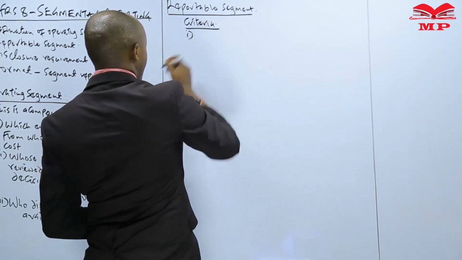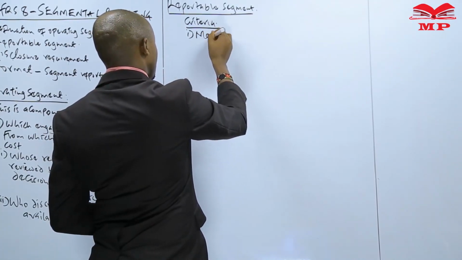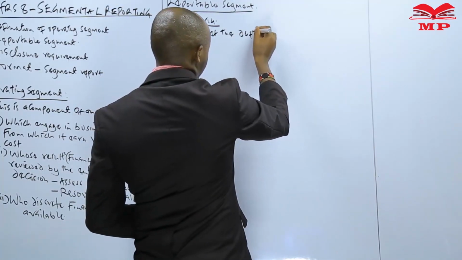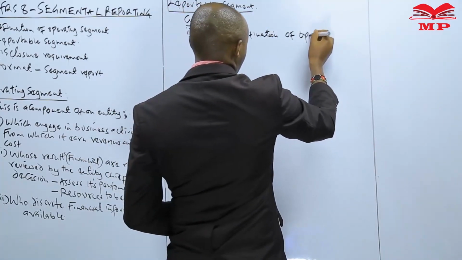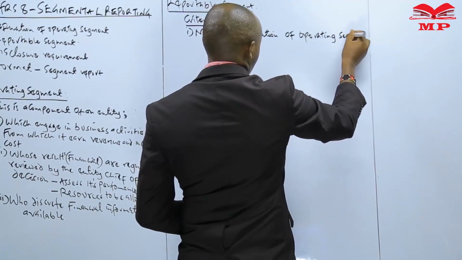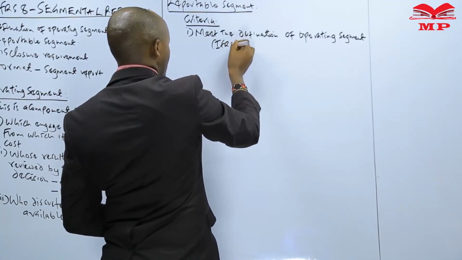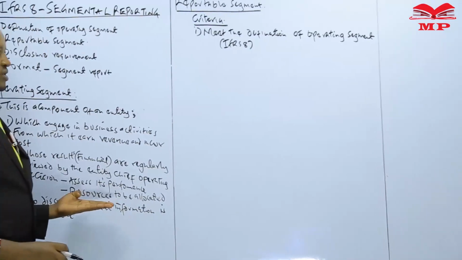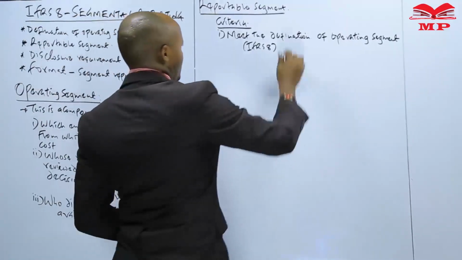One of the criteria is that it must meet the definition of an operating segment as per IFRS 8. Remember, in our case here, we have defined what a reportable segment is. So if a segment meets that definition, then it shall be deemed to be reportable.